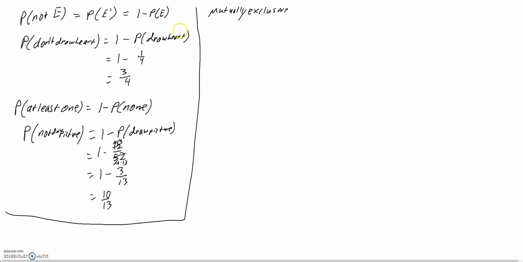Okay. So two events are mutually exclusive, and I'm going to call these A and B, are mutually exclusive if it is impossible for them to occur simultaneously.